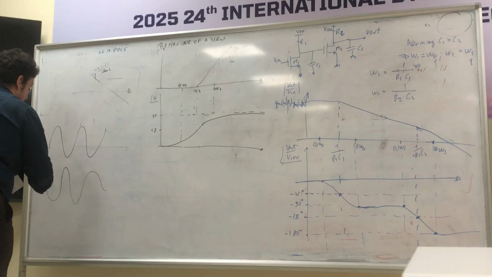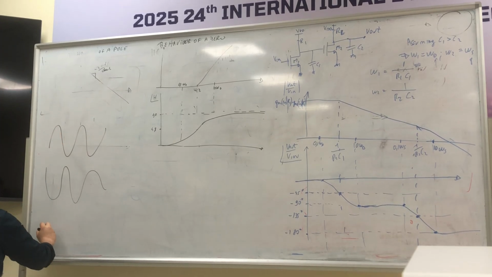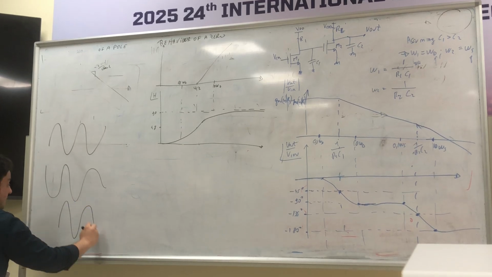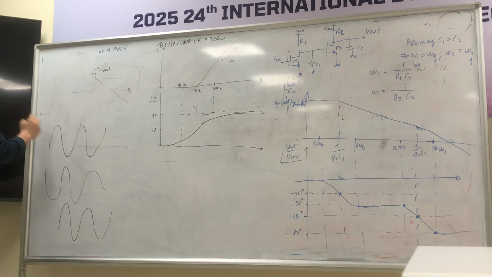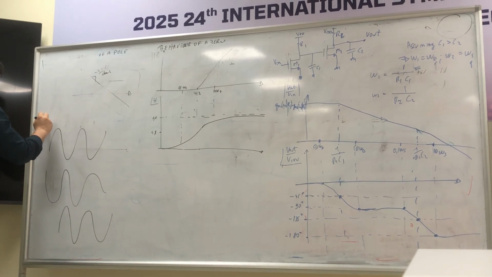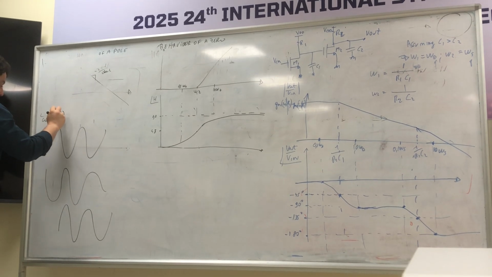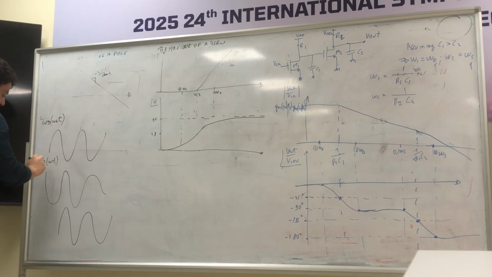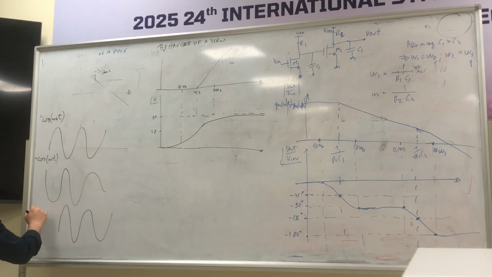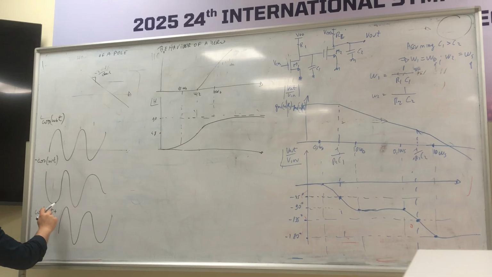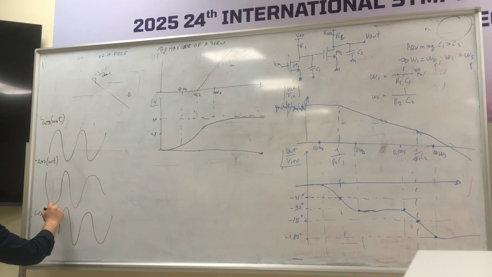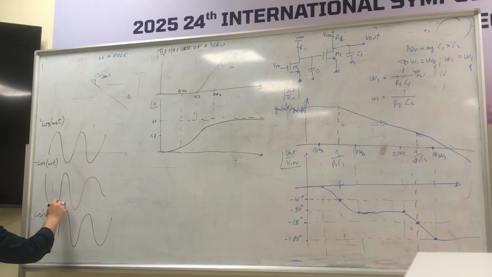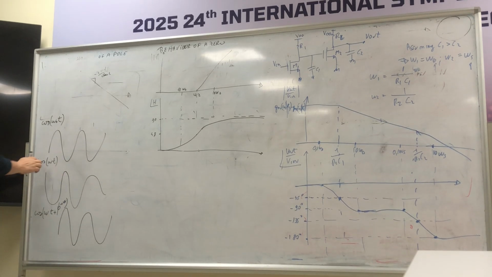So having a signal shifted by 180 is actually the same: if this is cosine omega t, this is minus cosine omega t, and this is cosine of omega t plus phi, where this phi is 180, which is the same as having a swap in the signal.